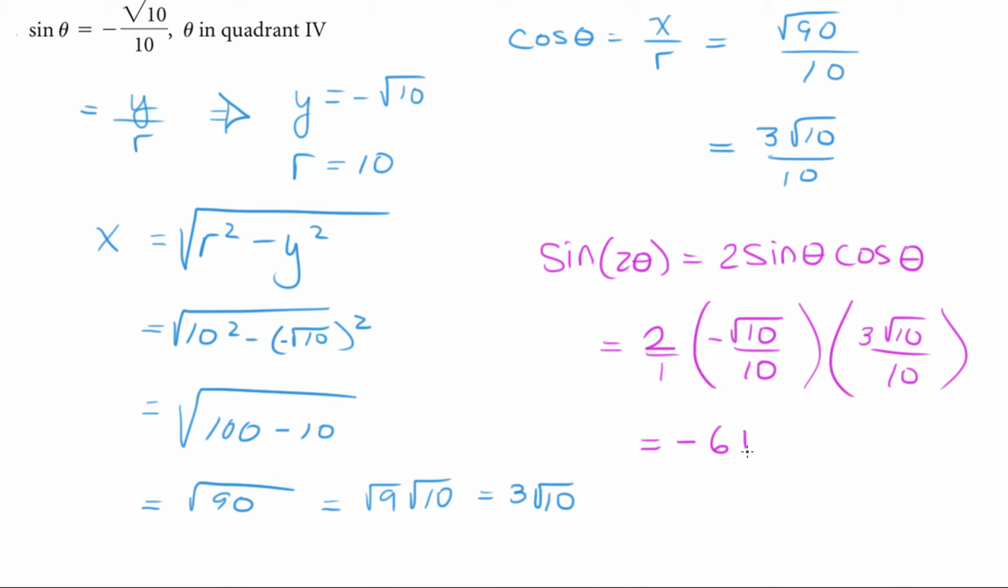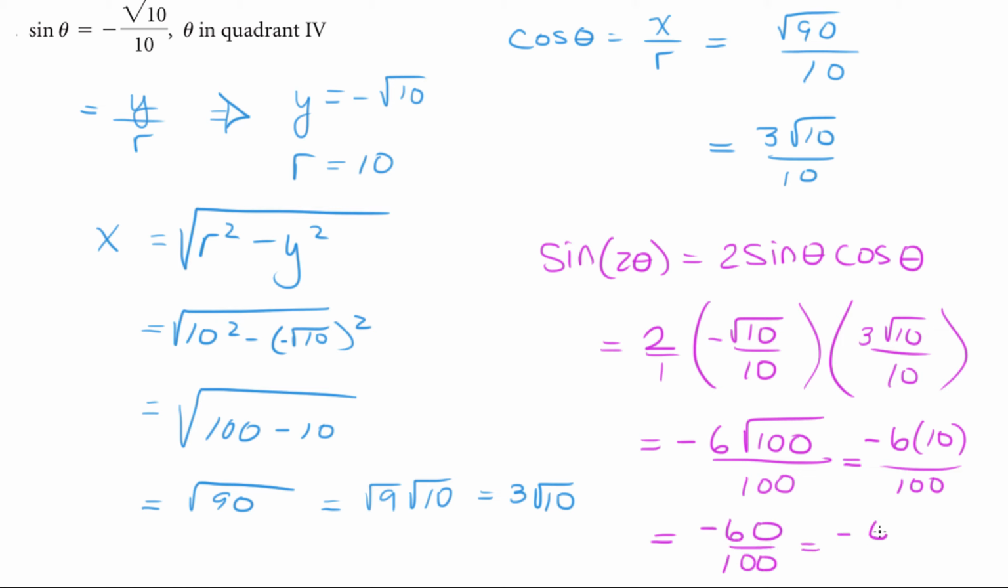Radical 10 times radical 10 is radical 100 over 100. Now, radical 100 is 10. So negative 6 times 10 over 100, which is negative 60 over 100, which is negative 6 over 10, which is negative 3/5.